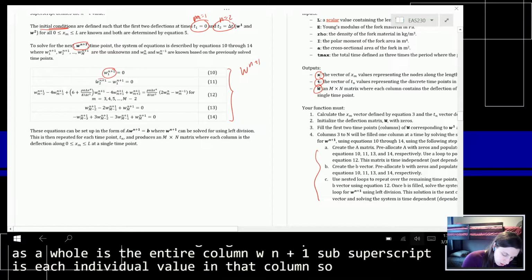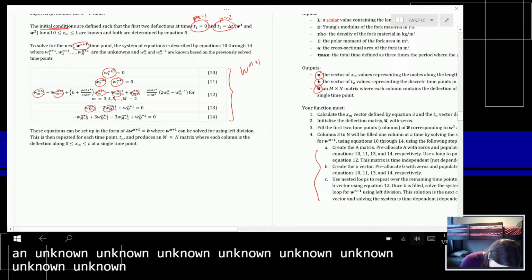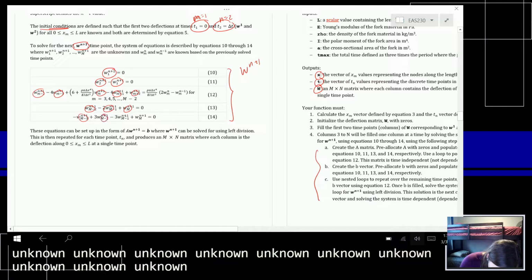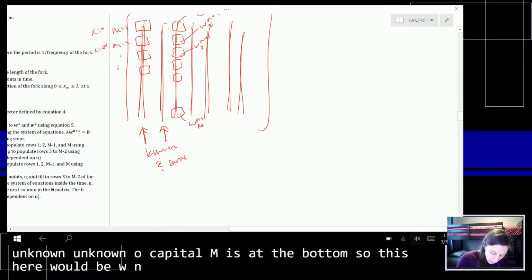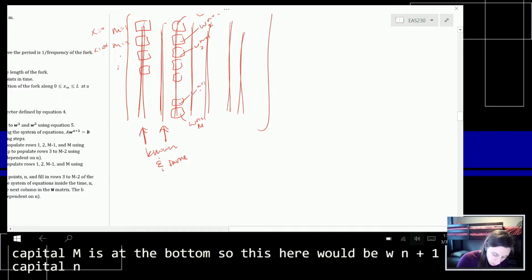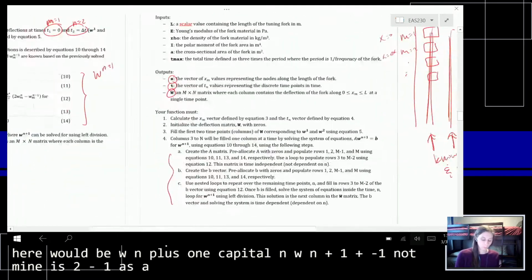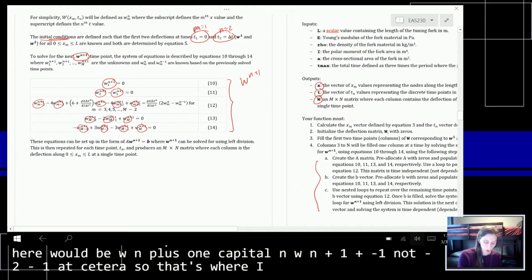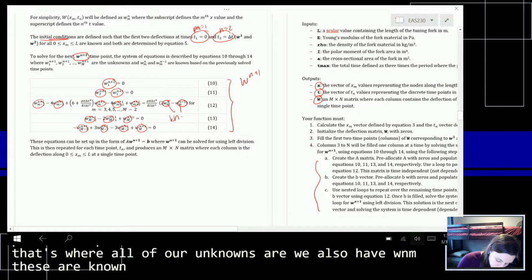So this here is an unknown. Capital M is at the bottom. So this here would be w^(n+1) sub capital M, w^(n+1) sub M minus 1, etc. So that's where all of our unknowns are. We also have w^n_m. These are knowns.